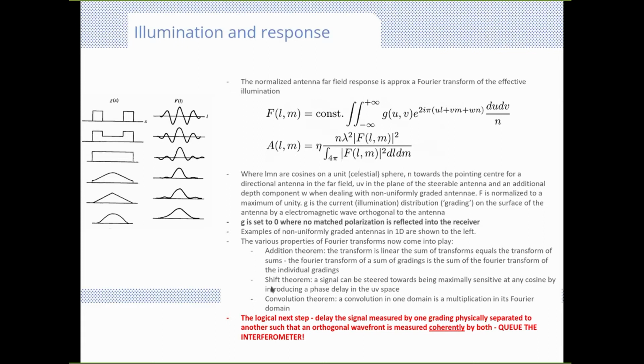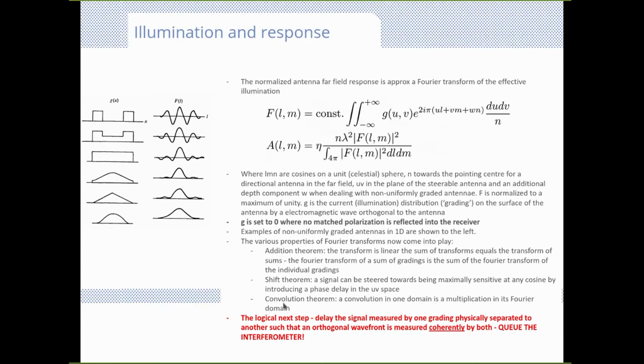We also then rely on the shift theorem, of course. So that says that the signal can be steered. If you have a signal on the sky, for instance, you can steer the sky overhead to be maximally sensitive at any point by adding a cosine in, for instance, the grading space here. Right? So we're going to be relying on those two theorems, especially when we construct our interferometer.